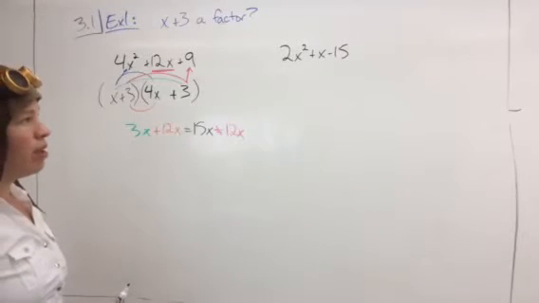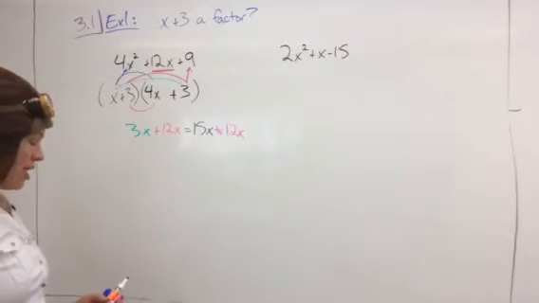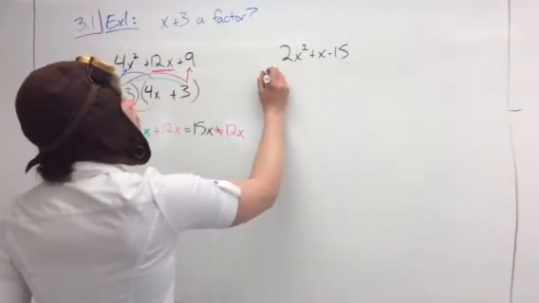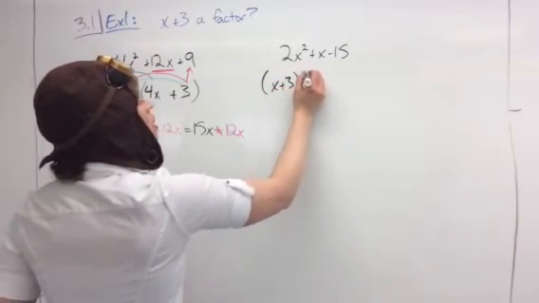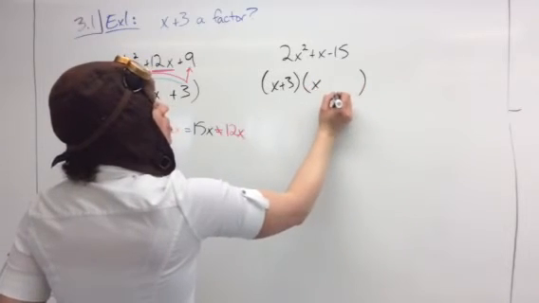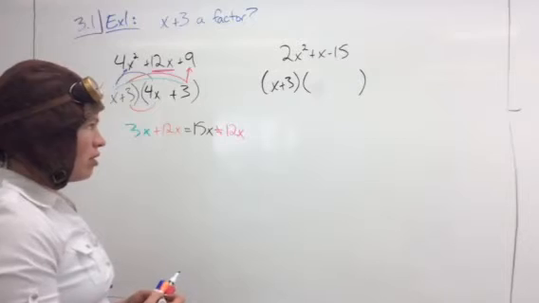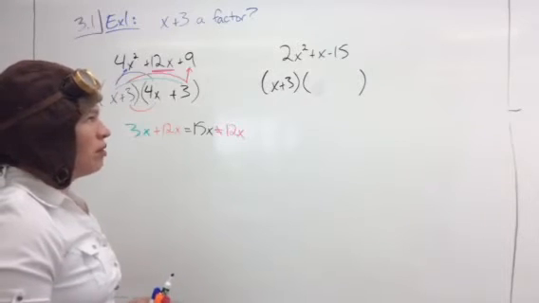All right, back over to this one, we're going to use the same method. We're going to write down our x plus 3 and then figure out what has to go in those brackets in order to create the original equation.